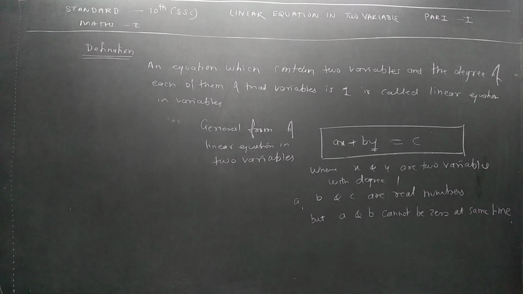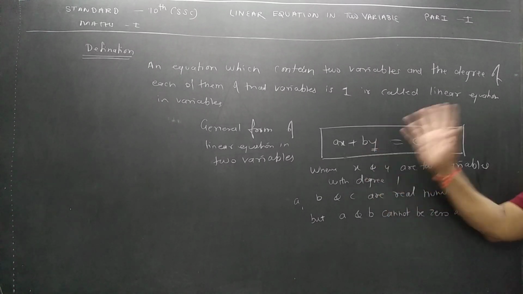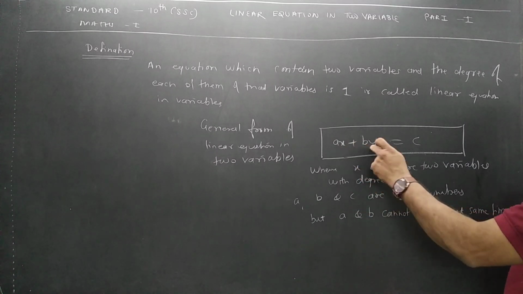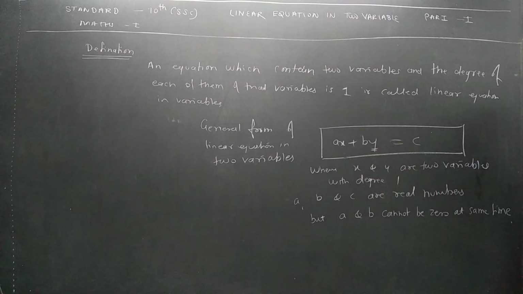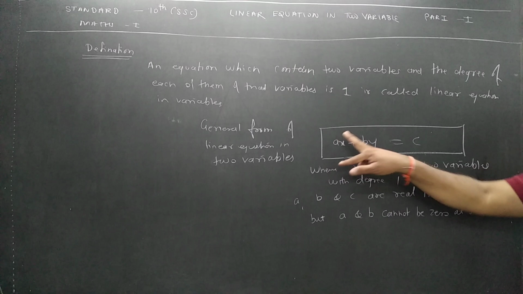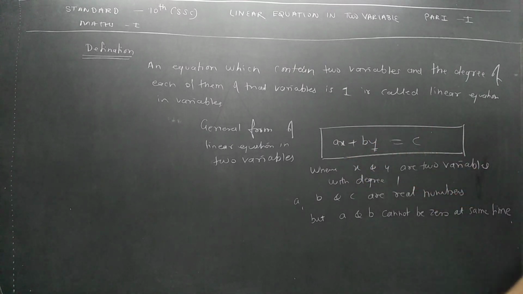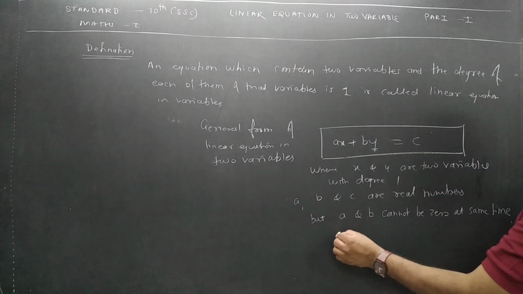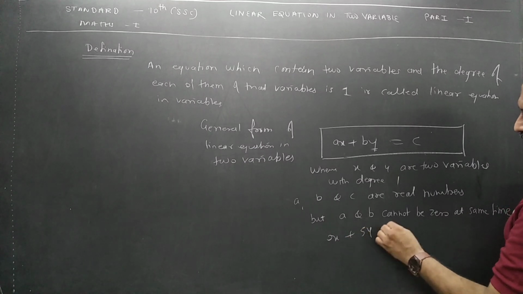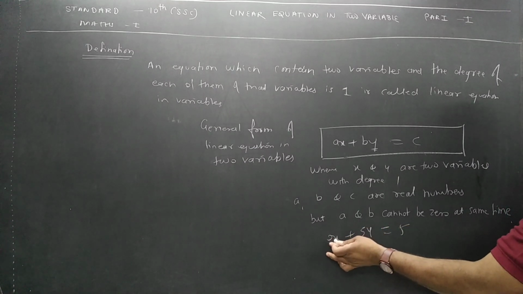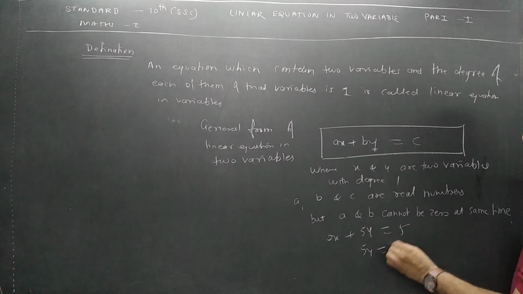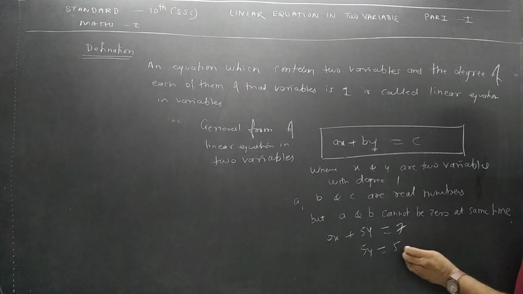See, I'll repeat it. A and b cannot be 0 at a time. Means what? 0x plus 0y, दोनों का वैल्यू 0 हो जाएगा, वो नहीं. हाँ, a is 0 may be possible, that time b is having some value. Suppose I consider 0x plus 5y is equal to 5. So it will become 5y is equal to 5, or 5y is equal to 7 if I make it so.